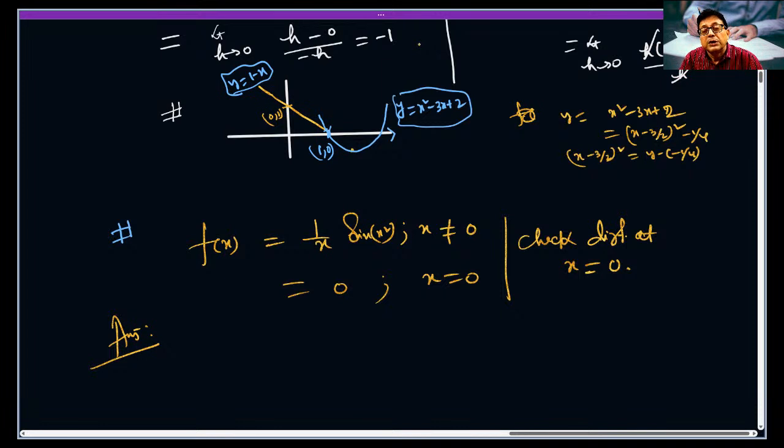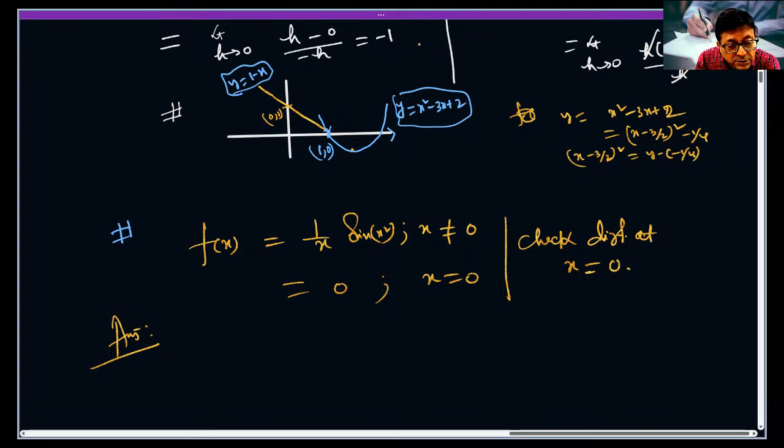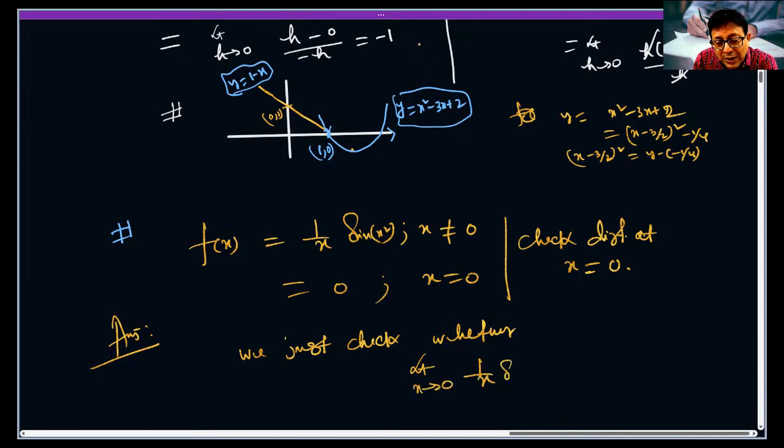So, we just check whether limit x tending to 0 1 by x sin x square exists or not.